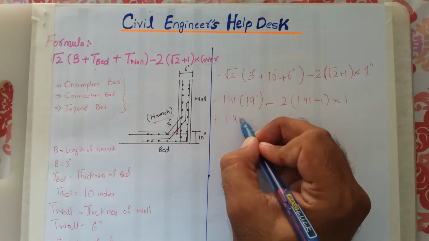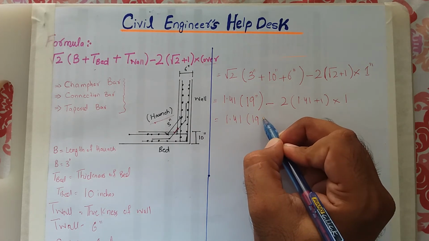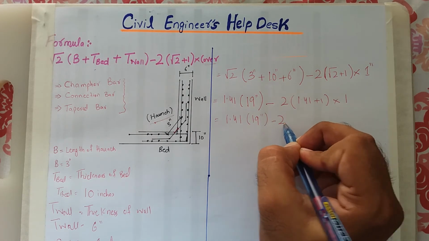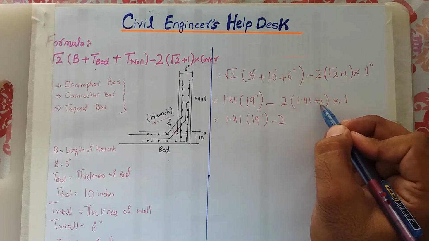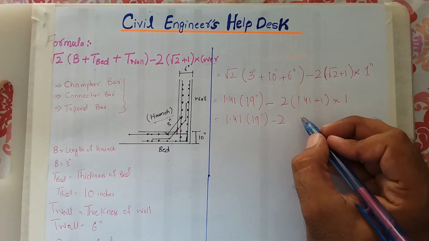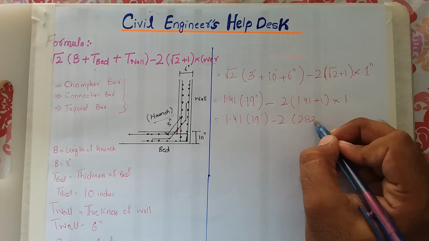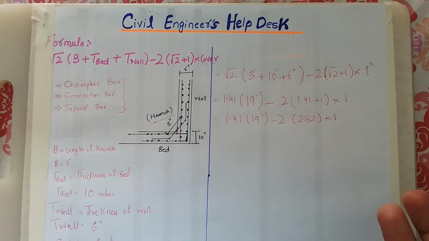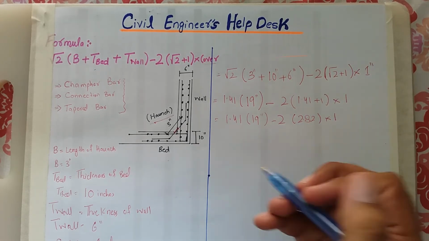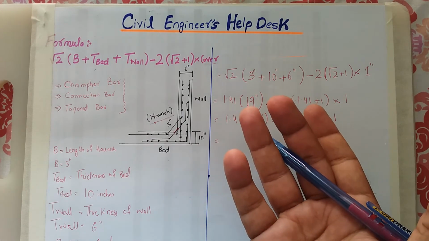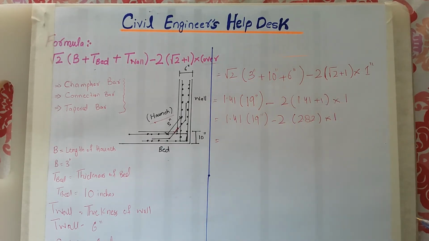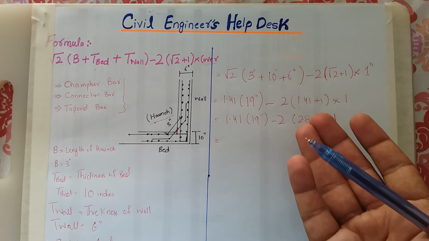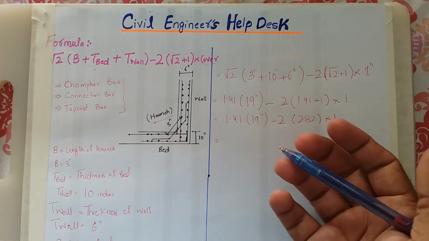So 1.41 multiply by 19 inches, minus 2 times (1.41 plus 1.41 plus 1), and it will come to 2.82 multiply by 1. This is not difficult mathematics, you can solve it easily, or using a scientific calculator you can solve these values in one step. I am not using a calculator here, so I am solving manually.